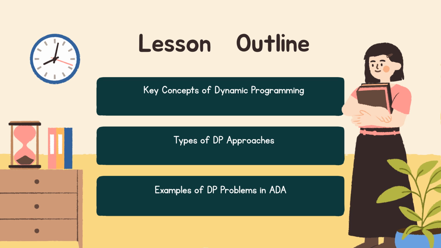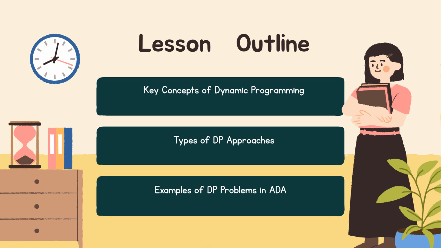Examples of a few dynamic programming problems in DAA: we can get a solution for the Fibonacci series problem, and the knapsack problem can be solved using the dynamic programming approach. We have many other algorithms like Floyd-Warshall algorithm and matrix chain multiplication.